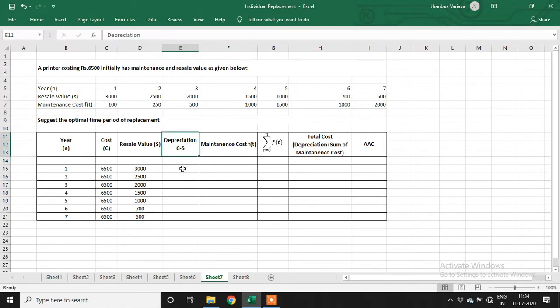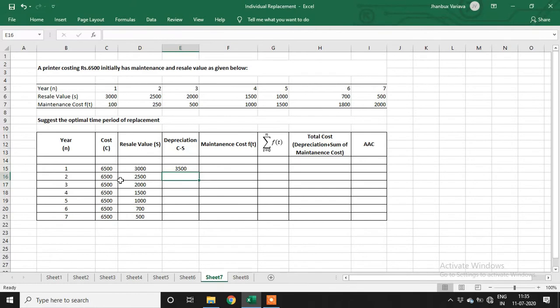Now for depreciation: when I say depreciation, it means the decrease in the cost. How much decrease in the cost we have found as time goes by over the years will be given by C minus S, that is, capital cost minus resale value. So C minus S: 6500 minus 3000 gives 3500.